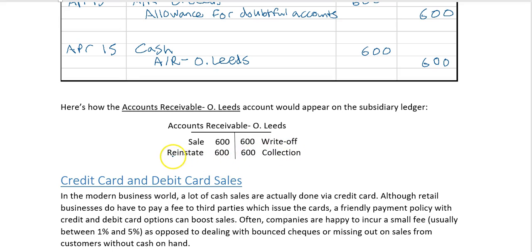And the last two journal entries are down here. We reinstated the $600 debt to Olivia, or Olivia to us, and then recorded a $600 collection. So AR, in one day, went up by 600 and then it went straight down to zero again because we had now collected the cash.